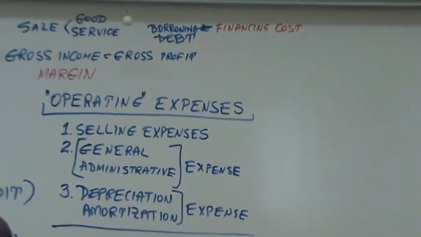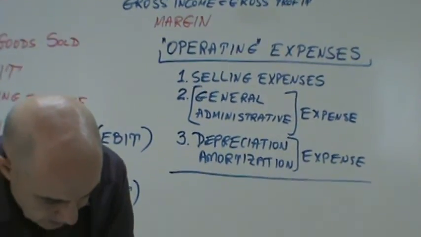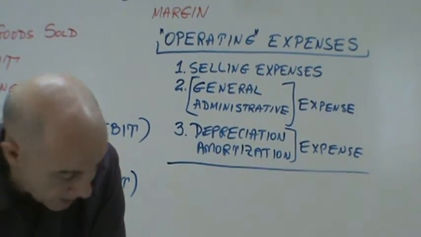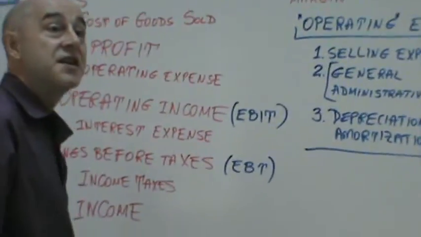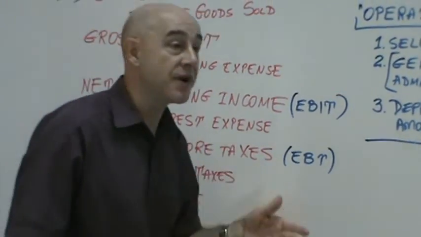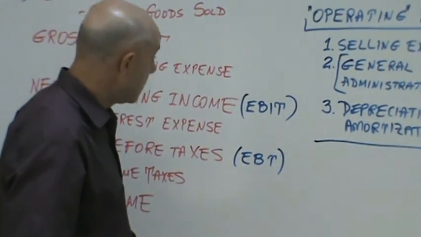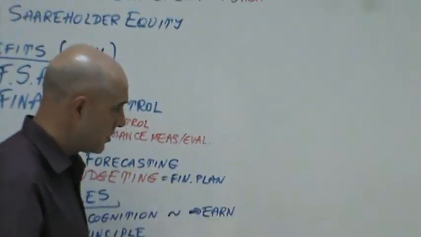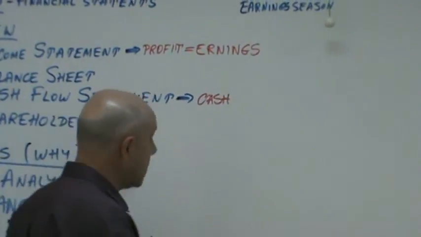Net income. All right. So this net income, a company will have. Okay, I'll switch back. Draw the line.